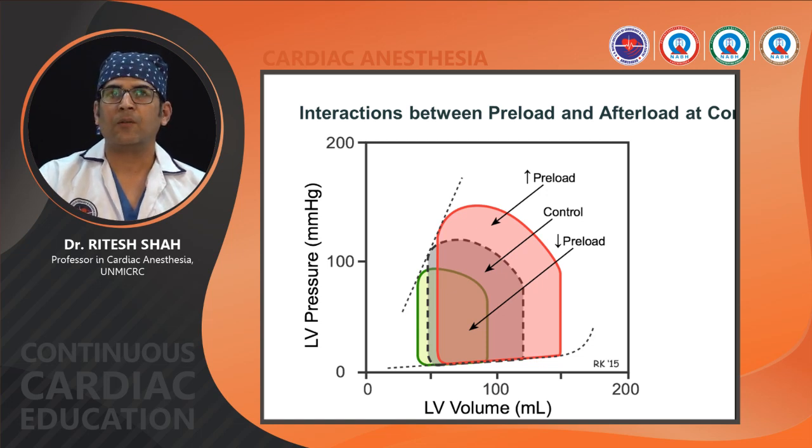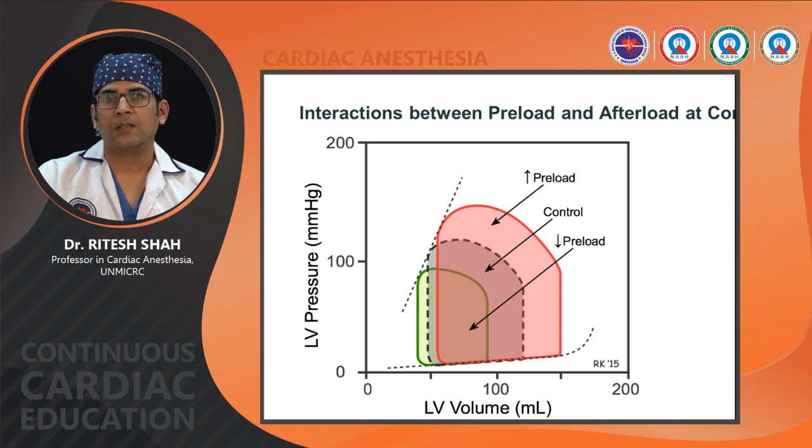So what happens when preload is increasing? When preload is increasing, it increases the stroke volume, as we have seen. As stroke volume is increased, it increases the systolic and diastolic blood pressure. That increases the afterload of the LV, and this increase in the afterload causes an increase in the end systolic pressure and end systolic volume, and stroke volume gets reduced.